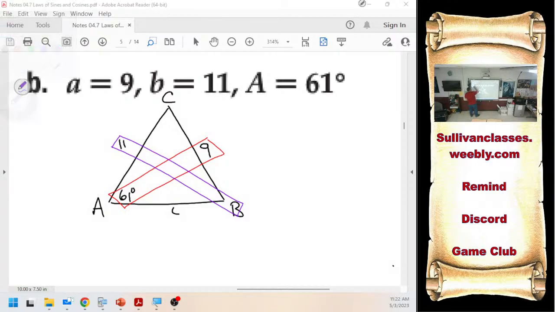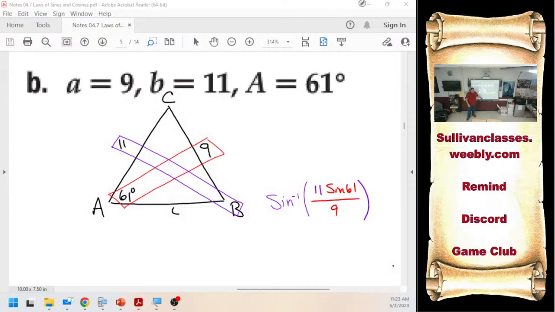So I'm going to set this up as the arc sine of, I'm still going to have the control business going on there. It's just they're going to flip-flop. Sine of 61 here, 9 here, and my 11 will go here. Again, you can set up sine of 61 over 9, sine of b over 11, cross multiply, solve. You can do all that.